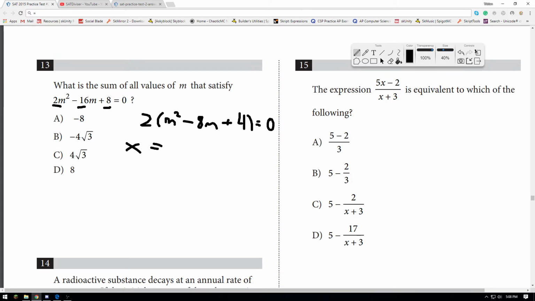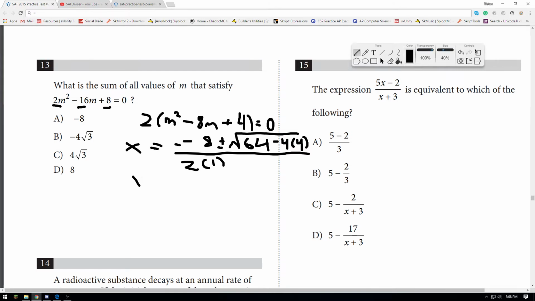Okay, so x is equal to the opposite of negative 8 over 2 times 1, plus or minus the square root of negative 8 squared, and that would just be 64, minus 4 times a, which is 1, times 4.